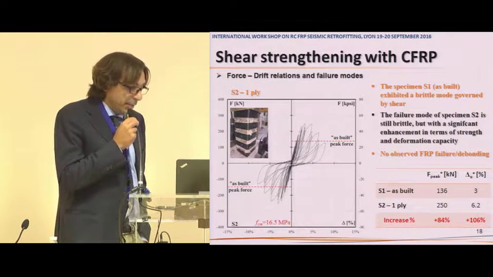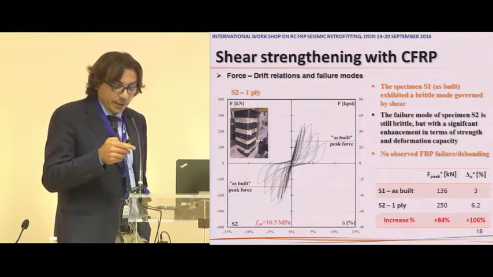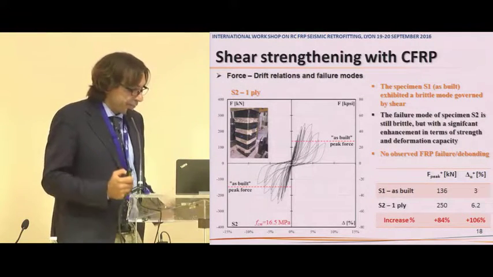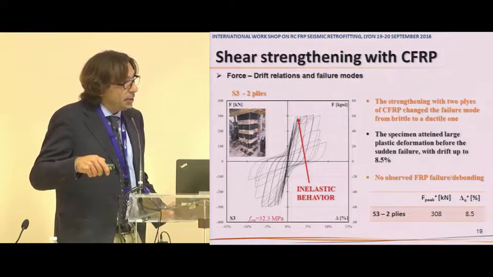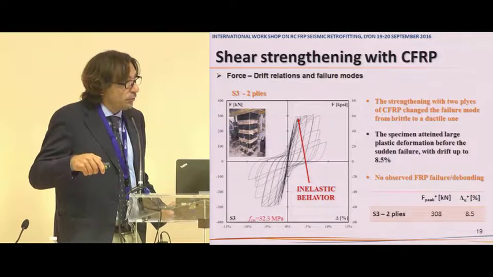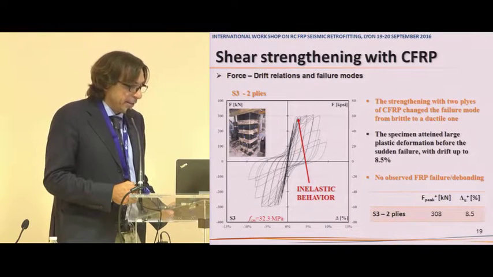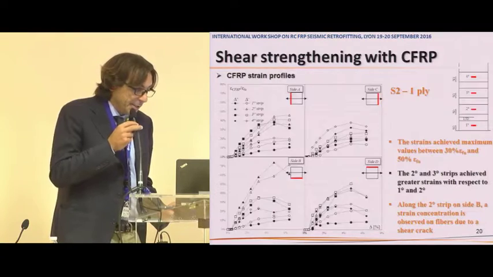The increase was about 80% in terms of strength and 100% in terms of ductility, even if the failure was brittle. When we used two plies, we were able to change the failure mode from brittle to ductile. And again, we attained very interesting results in terms of strength and ductility increase.